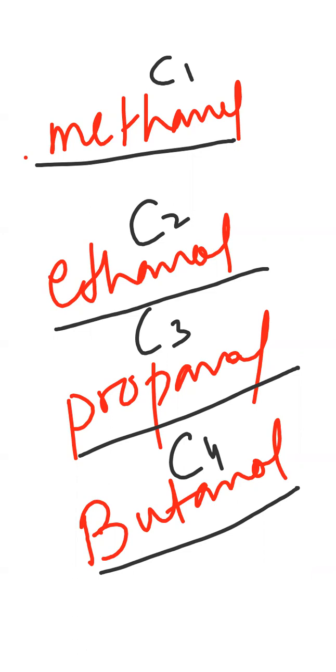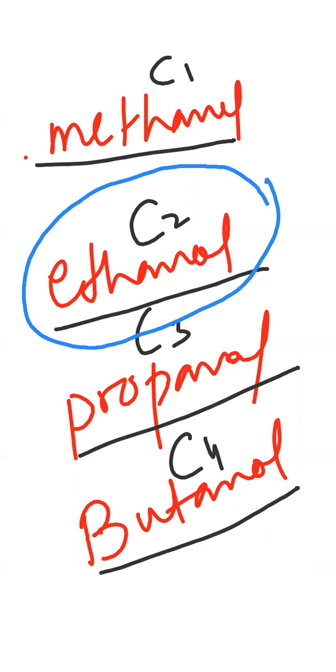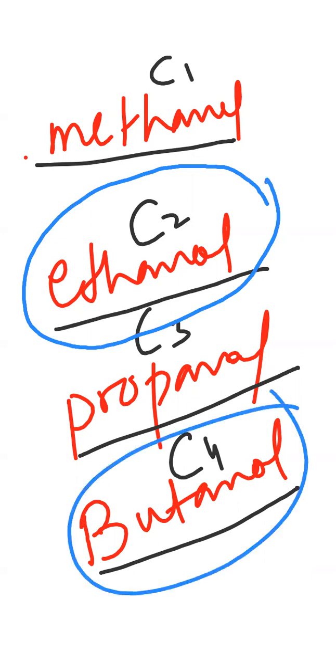They have given a question in your past paper about the difference in boiling point of ethanol and butanol. The simple answer, you don't have to learn the boiling and melting points: butanol has a higher boiling and melting point compared to ethanol because butanol has more carbons in the chain.